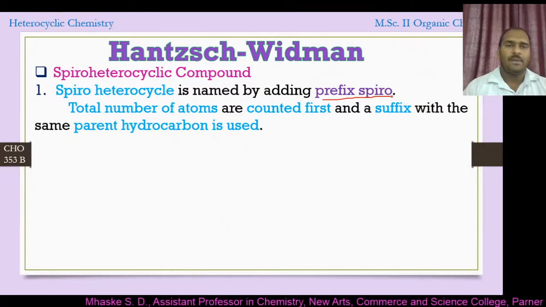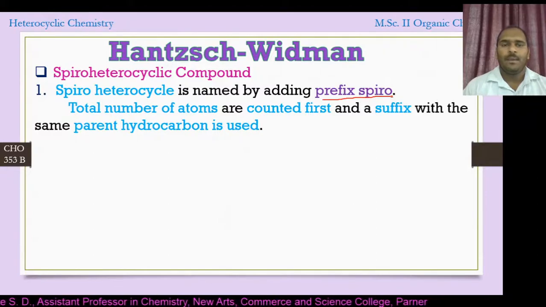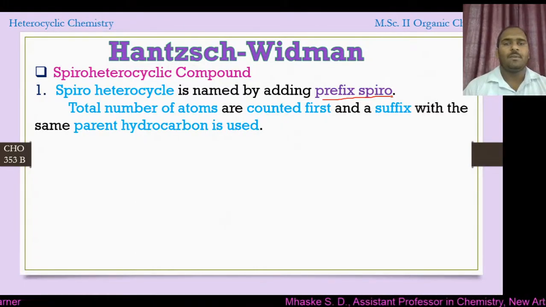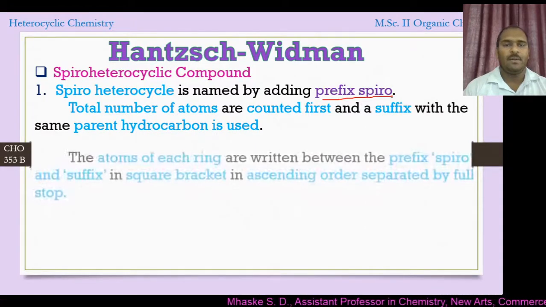So in a spiro system, first we have to count the total number of atoms involved in the two cyclic systems, including the common atom. Remember that here we are considering the total number of atoms including the heteroatom also. That gives the suffix, the parent hydrocarbon name.